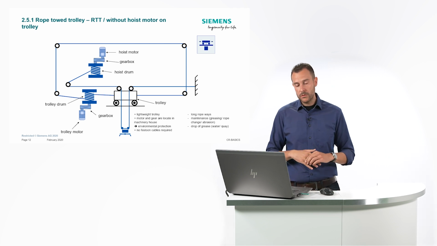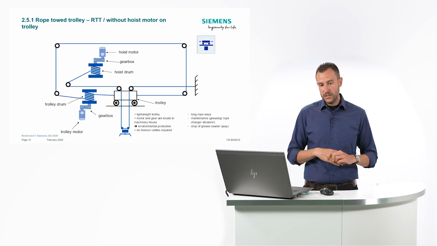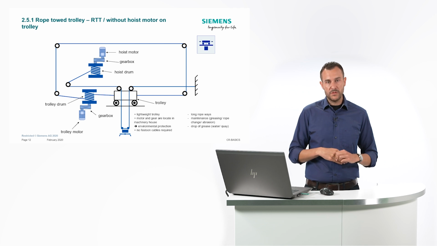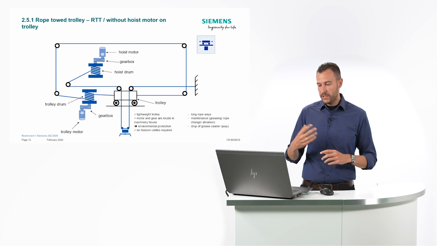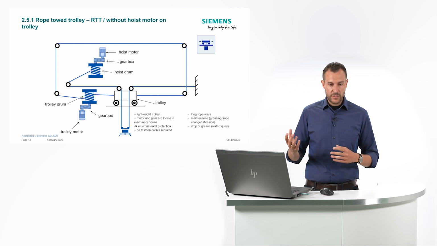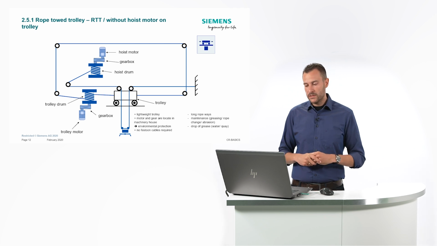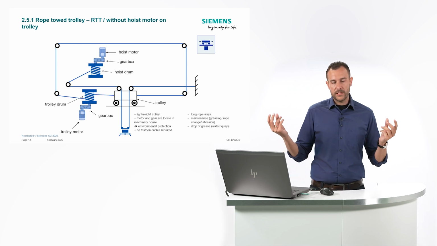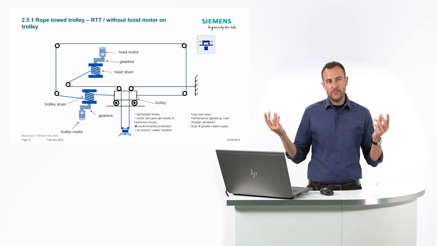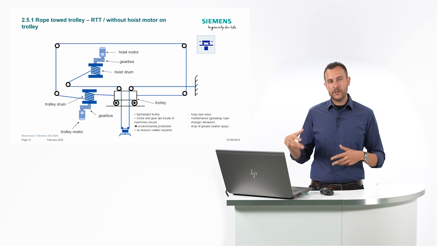But you have long ropeways, so these ropeways have to be maintained. You have to grease them, and you have to change them after a certain time. What is also getting more and more into focus, especially for environmental protection reasons, is that when these cables and ropes are greased, grease can drop on the ground.